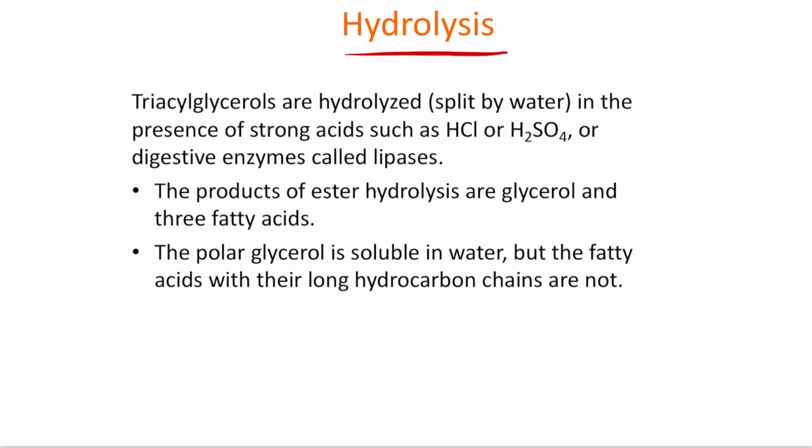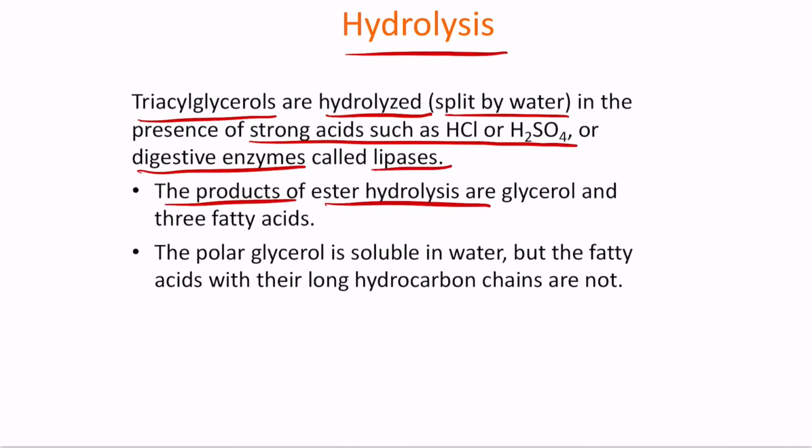Next, let's talk about hydrolysis. Triacylglycerols can be hydrolyzed, meaning you can split them with water in the presence of strong acids such as HCl and H2SO4. The most common are the digestive enzymes, which we call lipases. The products of ester hydrolysis are generally glycerol and 3 fatty acids.